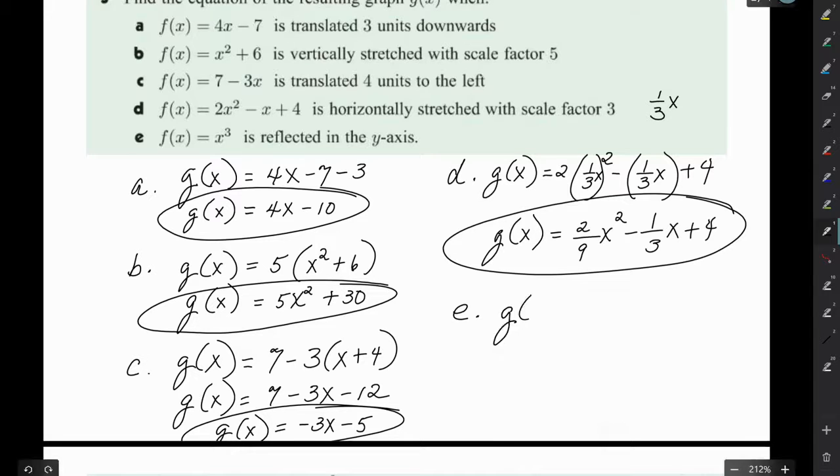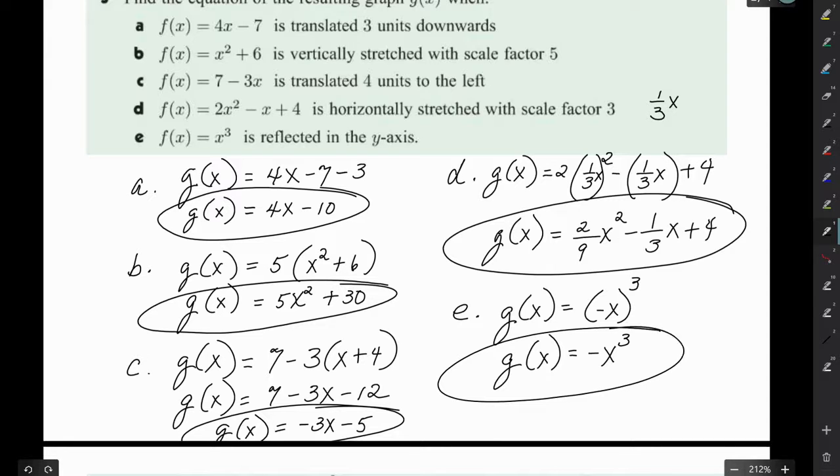So our new function is going to be negative x cubed. And we can simplify that. If we have a negative value, this -1 out front cubed, that's just going to leave us with a negative. So either way is okay here, but I'm just going to write that as negative x cubed. I like that better. Take the parentheses out.